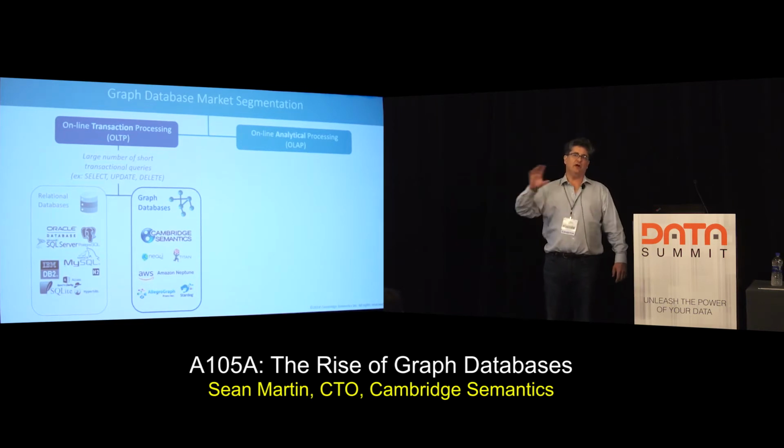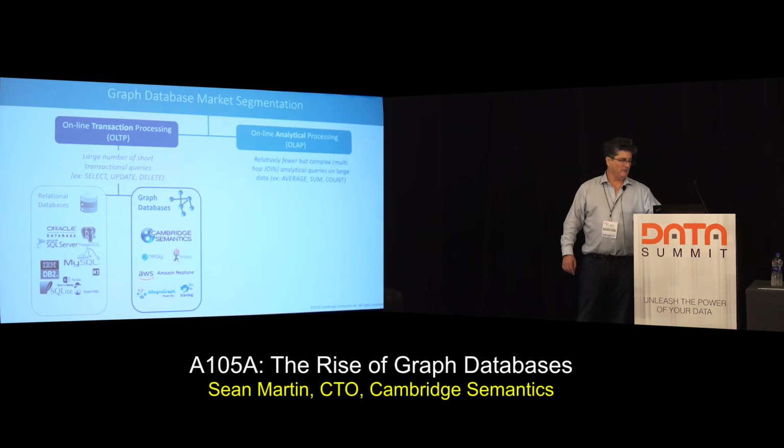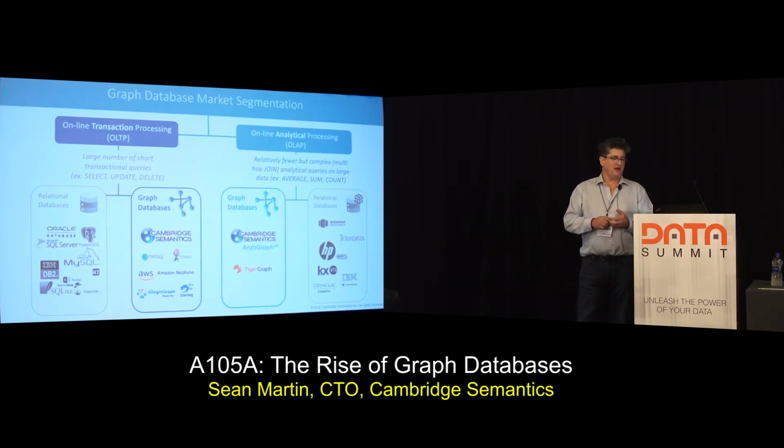Cambridge Semantics is in both the OLAP and the OLTP. That's because our products both have persistence metadata stores, which are transactional, but we also have an OLAP graph, which is obviously doing much more complex join, aggregation style, warehouse style queries. And those you could compare with systems like Teradata and Netezza and Redshift and so on.